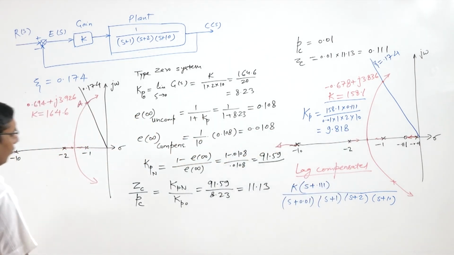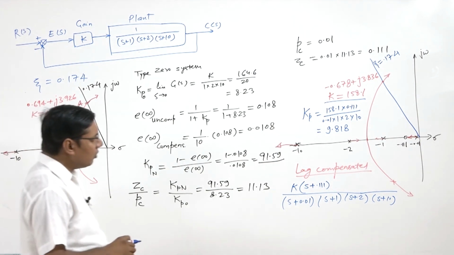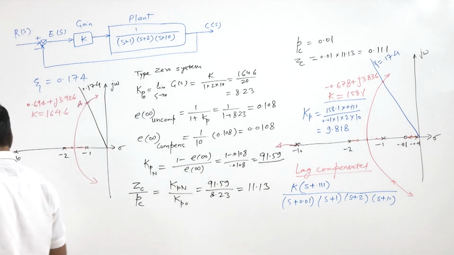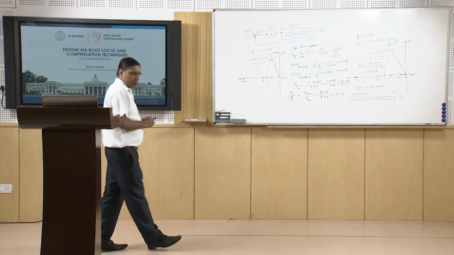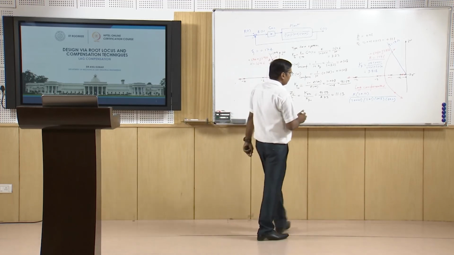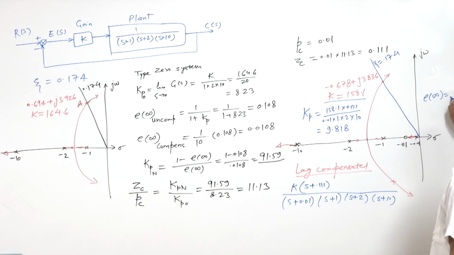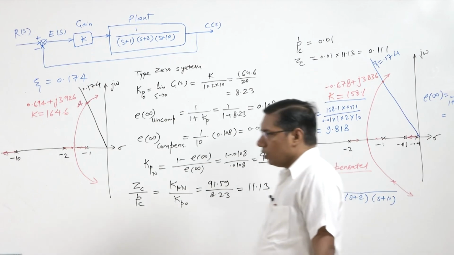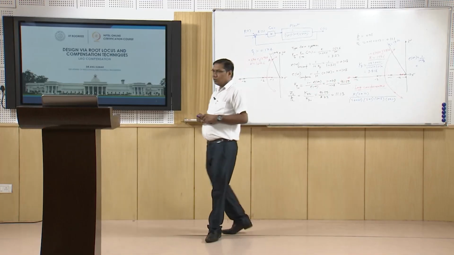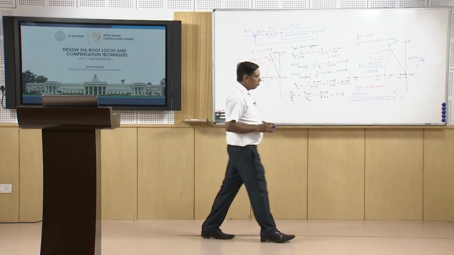When we want to calculate the steady state error from here by 1 plus Kp, we will get this as 0.011.